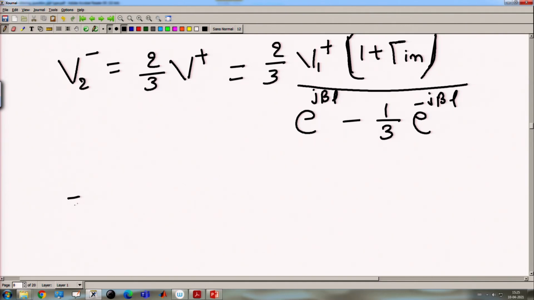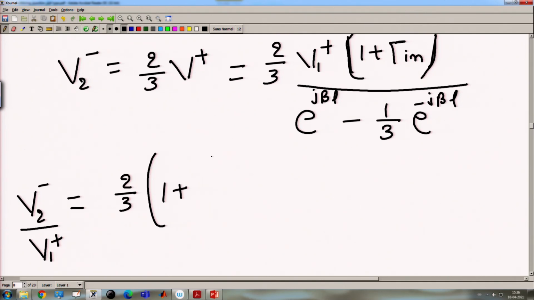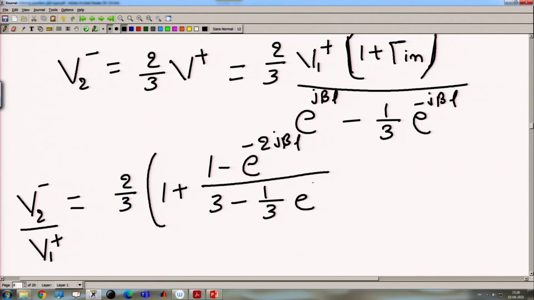So, we can substitute and write like this: V2 minus equal to 2 by 3 V1 plus, and this V1 plus is below, 2 by 3 into (1 plus (1 minus e to the power minus 2 j beta L divided by 3 minus 1 by 3 e to the power minus 2 j beta L)).